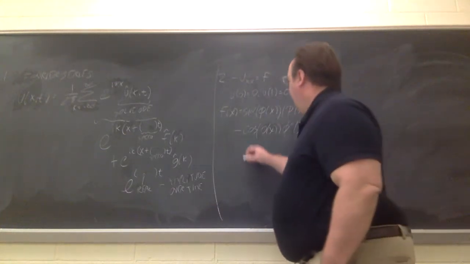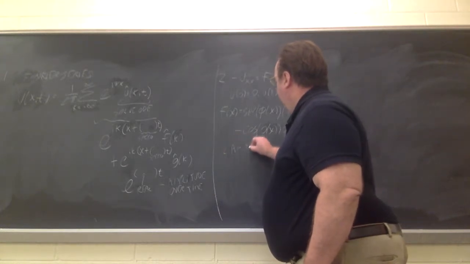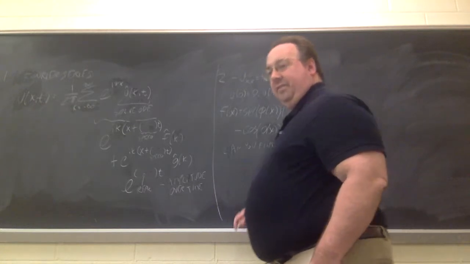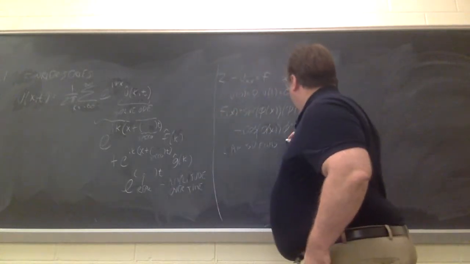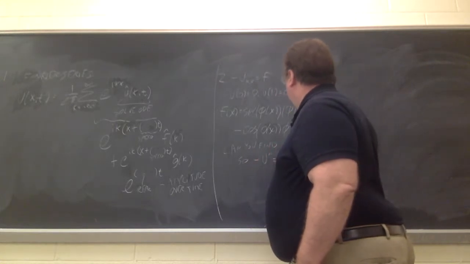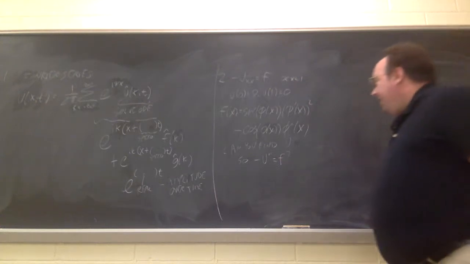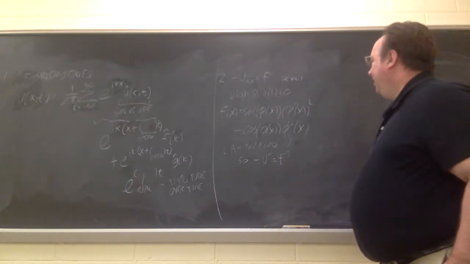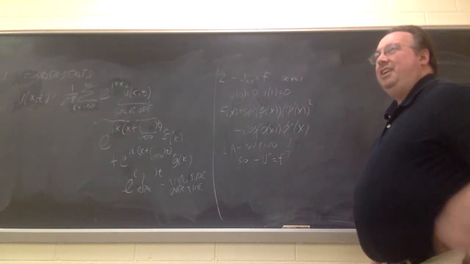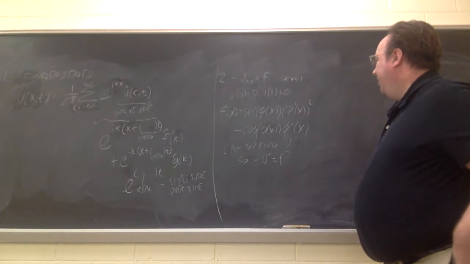So can you find u so that minus u double prime is equal to f? This is something that looks kind of nasty, but actually it's something that can be figured out.